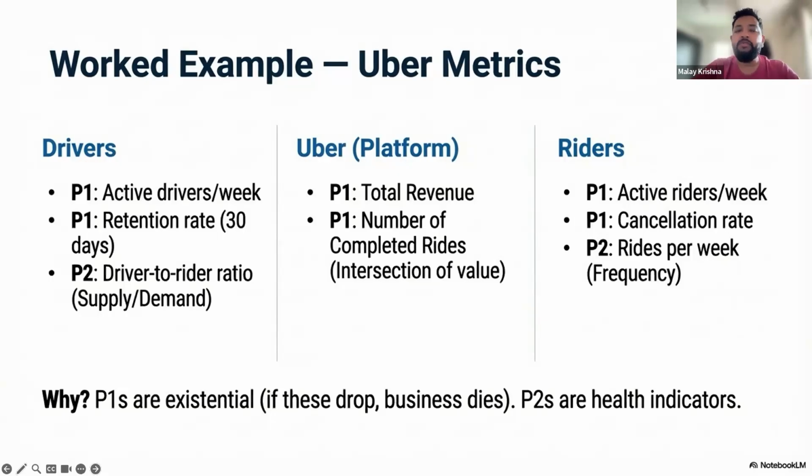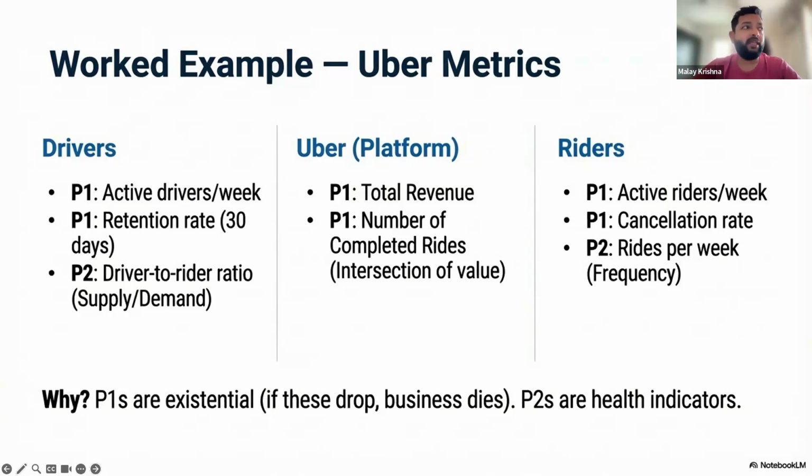Similarly, for the driver: sign up, go online, receive a request, accept it, go to the pickup, wait, get the rider on board, complete the trip, get rated, receive a payout. So I've created a very thorough user journey where I have mapped every single step of the Uber journey. Now, every single step here can be measured.